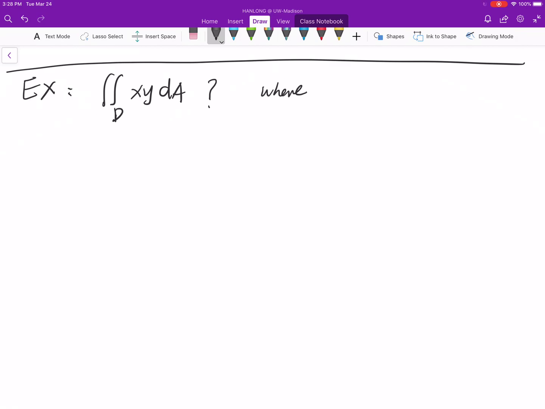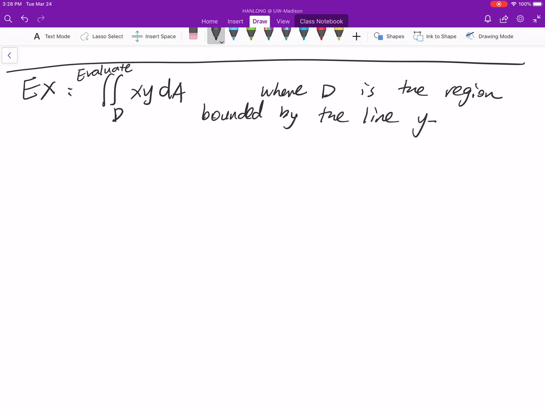We'll evaluate, where D is the region bounded by the line y equals x minus 1 and the parabola y squared equals 2x plus 6.